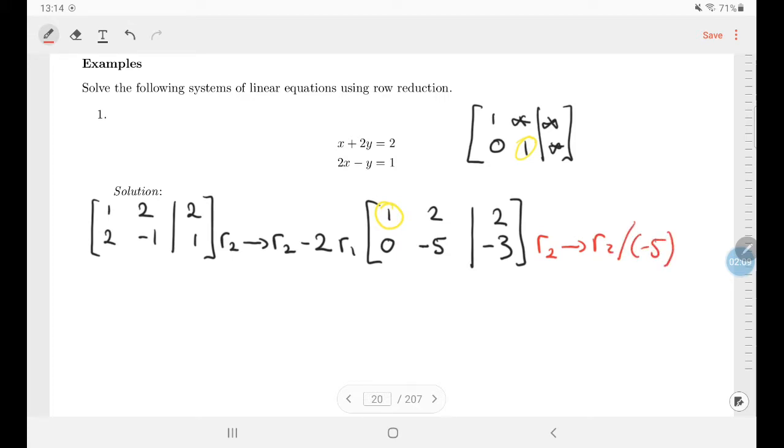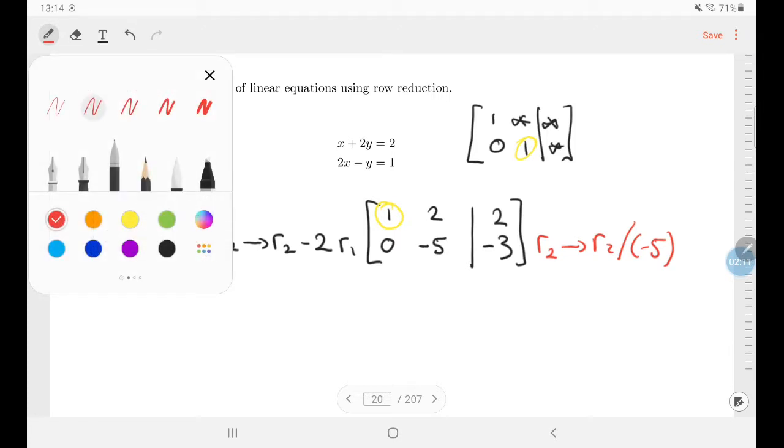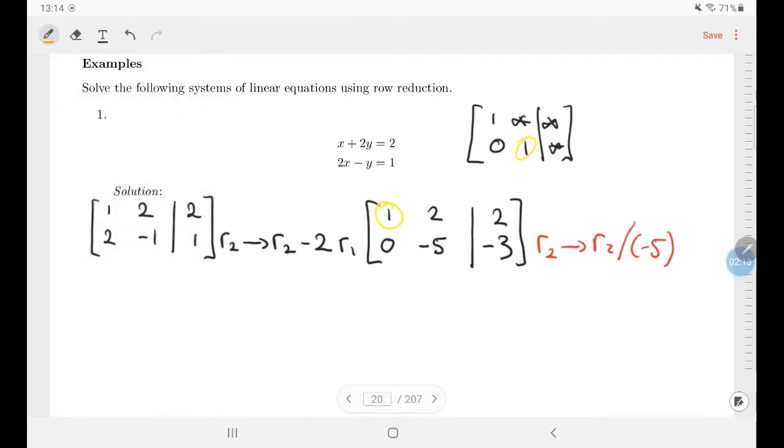Now, some people looking at it might be thinking, oh, there's an alternative. How could I turn a minus 5 into a 1? I could add 6. So why don't I do row 2, send to itself, and I can add 6 by adding 3 times row 1.